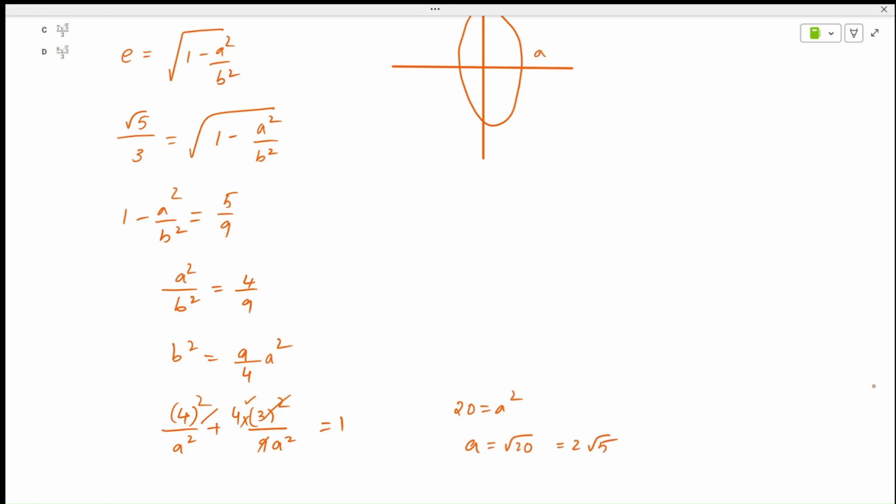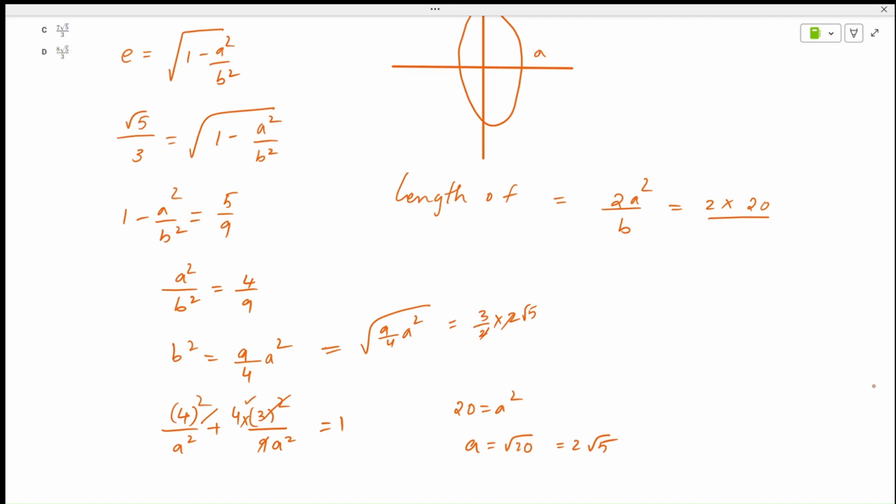Now, what is the length of the latus rectum? The length of the latus rectum is equal to 2 a square by b. Since the y-axis is our major axis, so 2 into a square is 20 by b. What is the value of b? Under root 9 by 4 a square, and that is equal to 3 by 2 into a, which is 2 root 5.